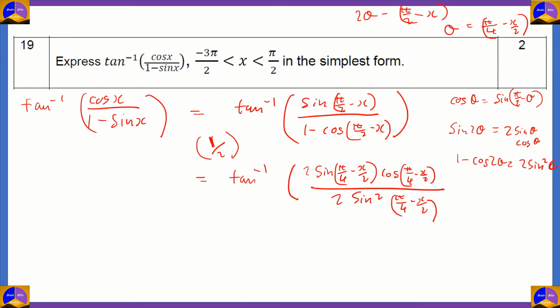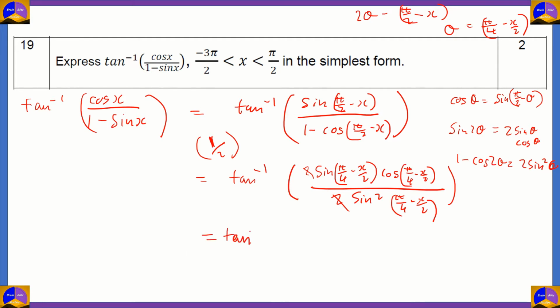Next, what happens is that you need to convert this to cot and eventually to tan form. So what I'm going to do is cut out 2, and cut out the sine in the numerator and one of the sine functions in the denominator.